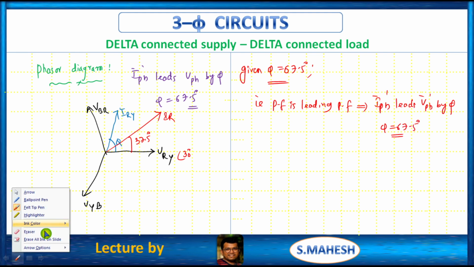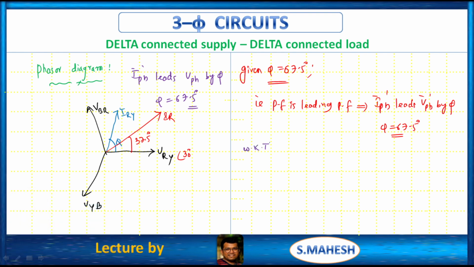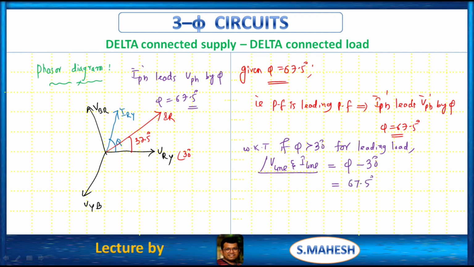We know that if phi is more than 30 for a leading load, the angle between V line and I line is phi minus 30, which is 67.5 minus 30, which is 37.5.